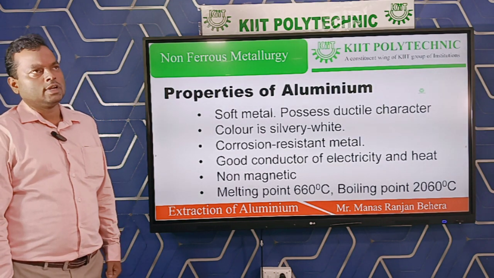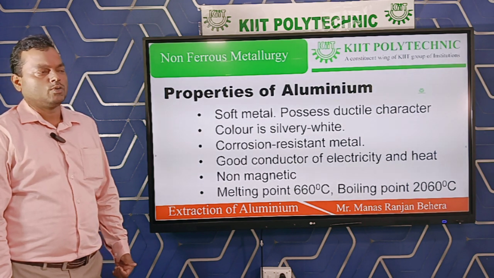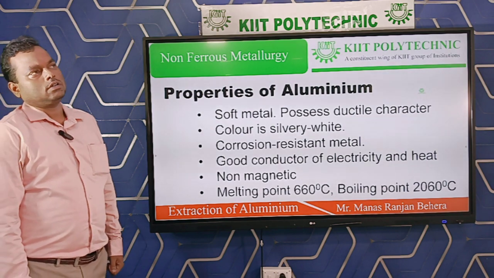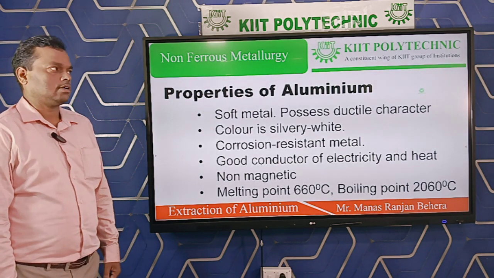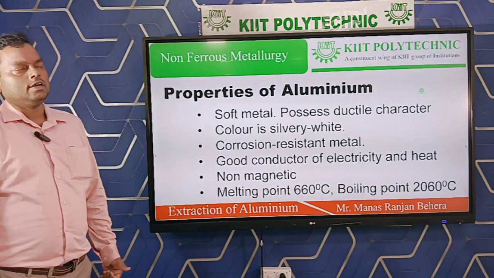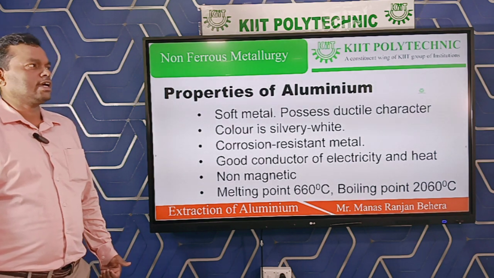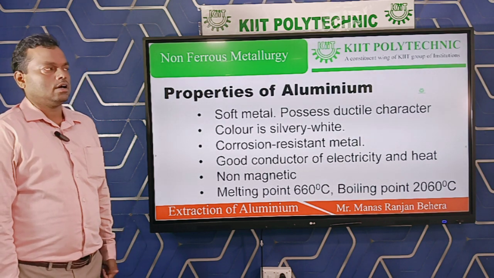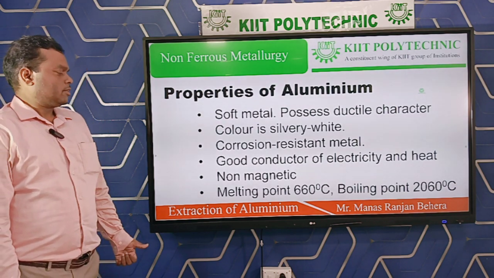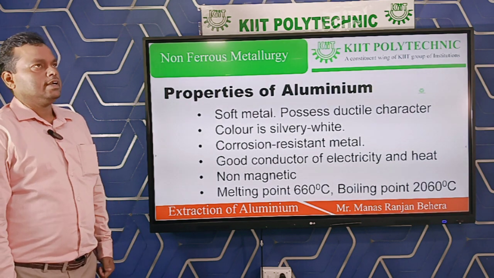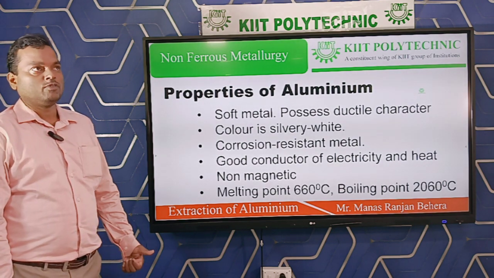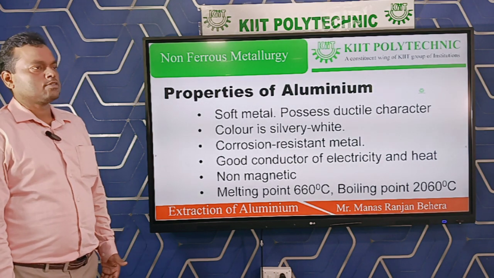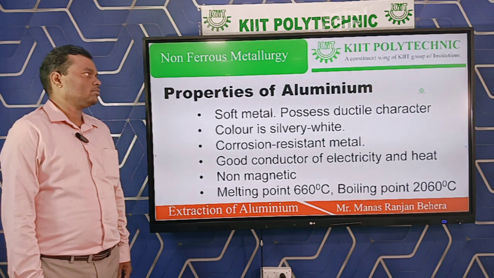In India, we will get bauxite ore from states like Odisha, Jharkhand, Chhattisgarh, Tamil Nadu, Maharashtra. In Odisha, we get it from the Damanjodi area. In Chhattisgarh, we get it from the Amarkantak area. In Jharkhand, we get it from Ranchi. In Maharashtra, we get it from Kolhapur district and also in Tamil Nadu. So these are the areas from which we get bauxite ore.